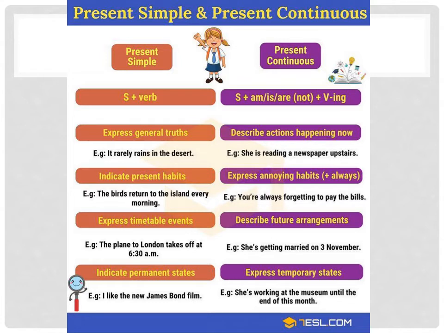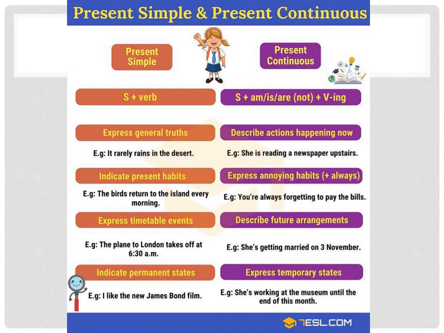So when it is a habit, as you can see the word every, we use present simple. And third, express timetable events. For example, the plane to London takes off at 6:30 a.m. So when we are talking about events, we use present simple. And lastly, it indicates permanent states. For example, I like the new James Bond films.